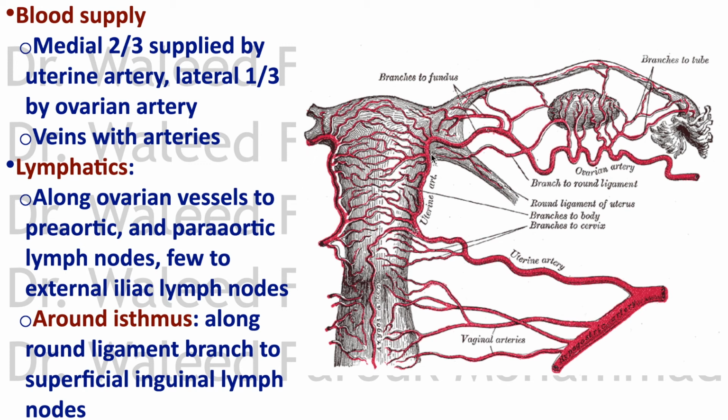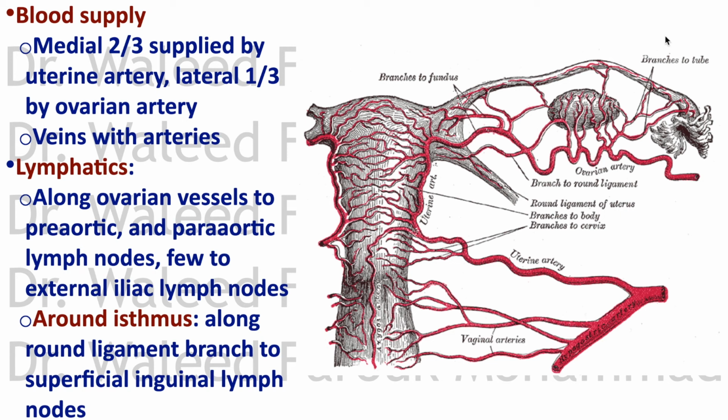The blood supply of the tube, as you can see here: the lateral third is from the ovarian vessels. The medial two-thirds is from the uterine artery, and the veins follow the artery, so the venous drainage of the medial two-thirds will go with the uterine vessels, and the lateral third with the ovarian vessels. You see a big difference.